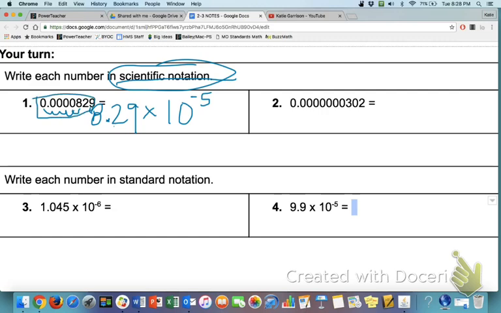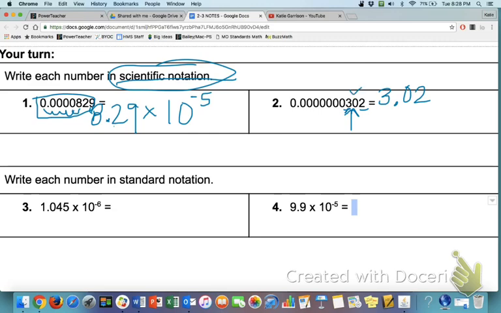On number 2, it looks like I will move the decimal all the way over to here, and that will make my number 3.02. You have to include a 0 if it's between 2 significant digits, and significant digits are numbers that are not 0.